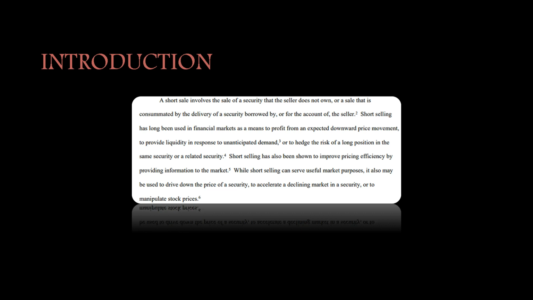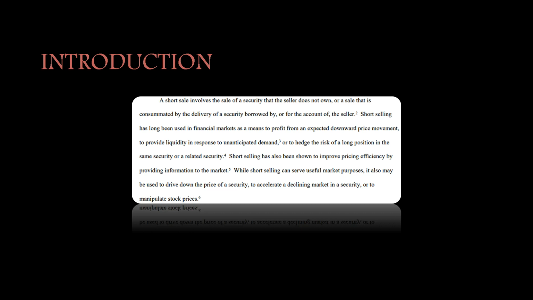Now, a short sale involves the sale of a security that the seller does not own, or a sale that is consummated by the delivery of a security borrowed by or for the account of the seller. Short selling has long been used in financial markets as a means to profit from an expected downward price movement, to provide liquidity in response to unanticipated demand, or to hedge the risk of a long position in the same security or a related security.